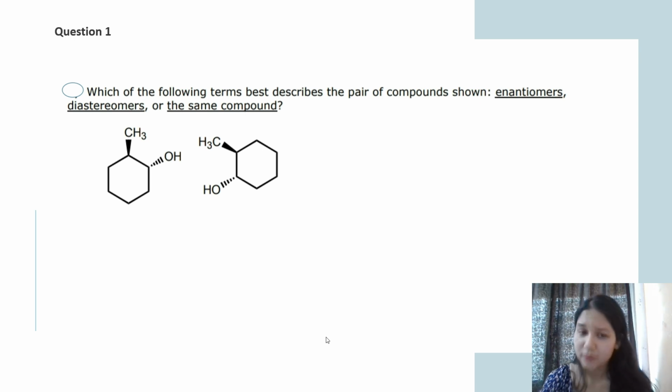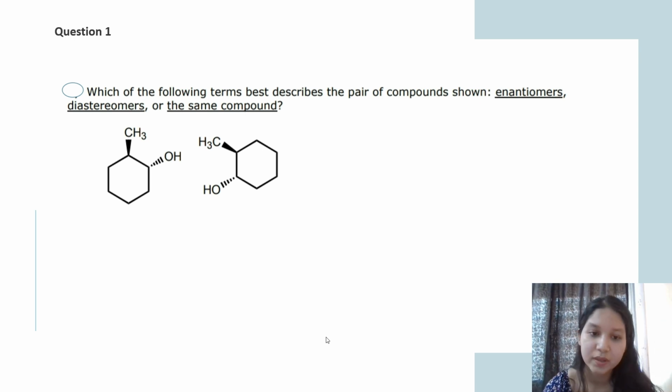So how do we identify the pair of compounds as enantiomers, diastereomers, or the same compound? For that, we will have to first identify the presence of chiral or stereogenic centers in the rings present, and then we will assign the stereochemistry in the stereogenic centers present.